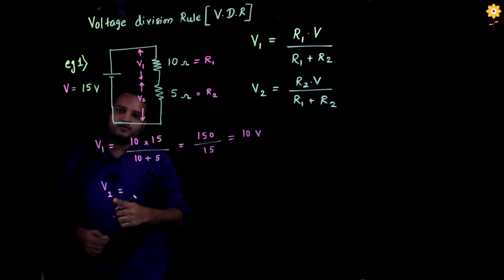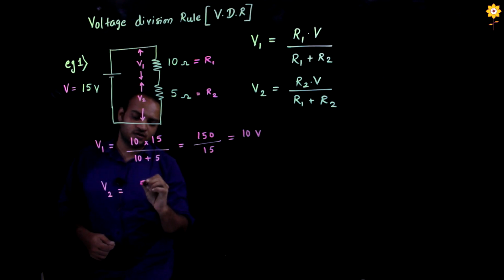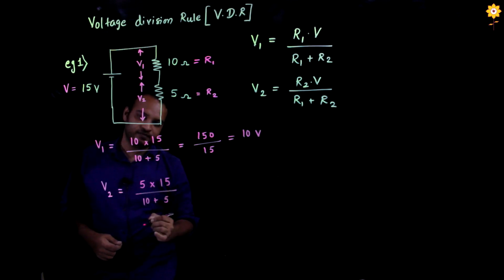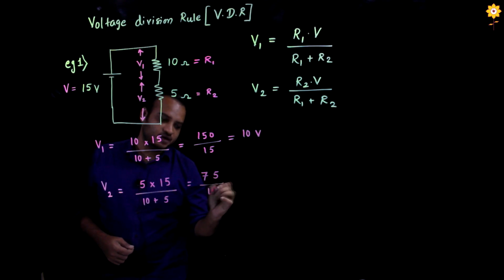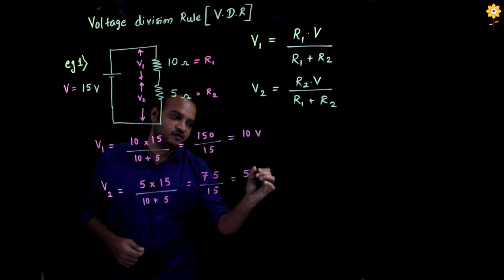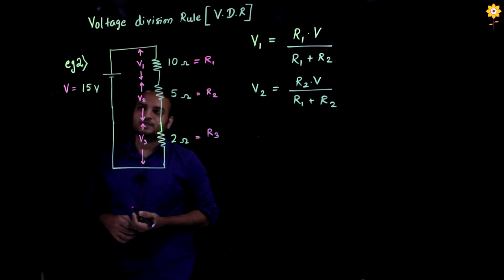In a similar manner if I want to calculate V2, V2 is the voltage across 5 ohms, so 5 into total voltage 15 divided by 10 plus 5, so this will be 75 divided by 15, which will be 5 volt.